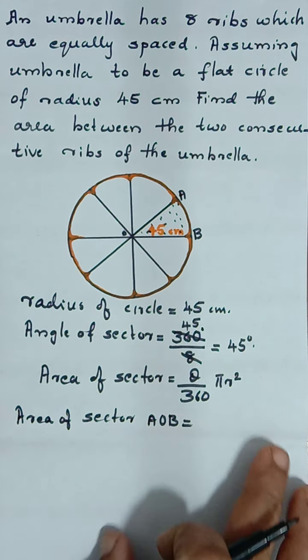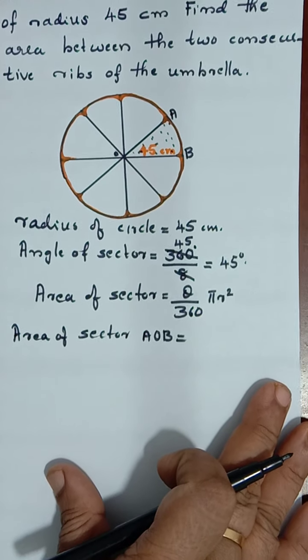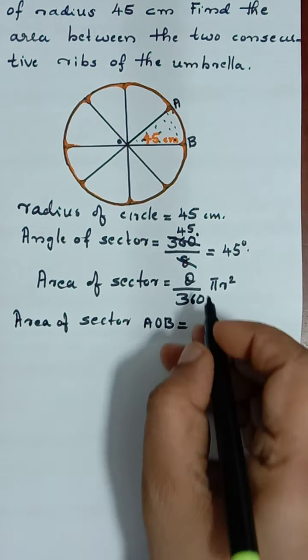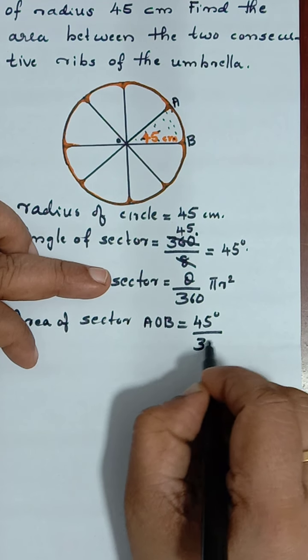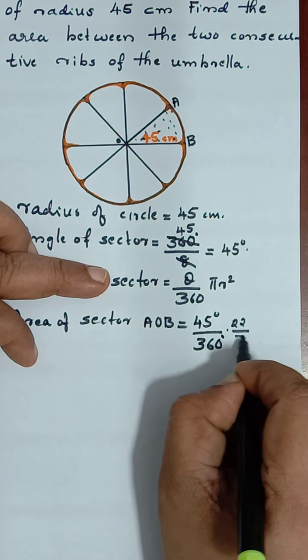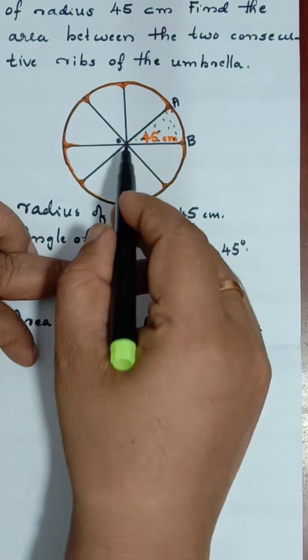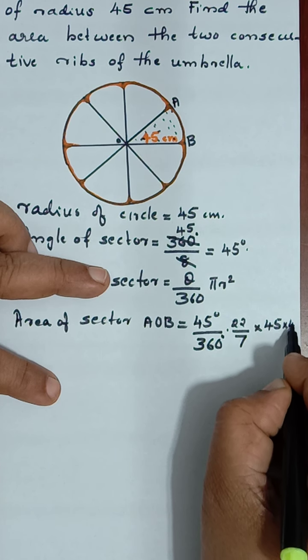Theta we have found out, it is 45 degree. So 45 degree by 360 degree into 22 by 7 into radius squared, that is 45 into 45.